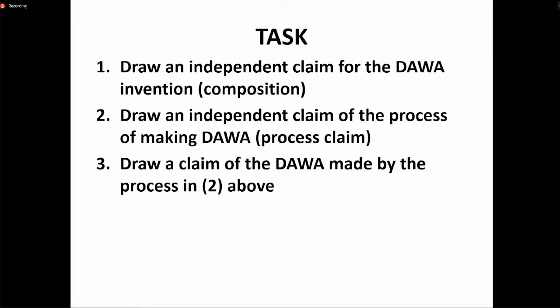The other aspect is punctuation: the comma, the semicolon, and where to put the full stop. There is no single sentence without a full stop. But because you are listing several elements, you also use the semicolon to separate the various elements of the invention. So observe those rules as much as possible.